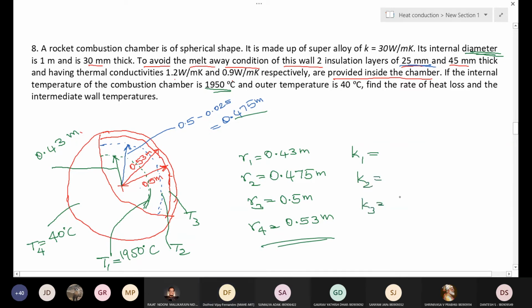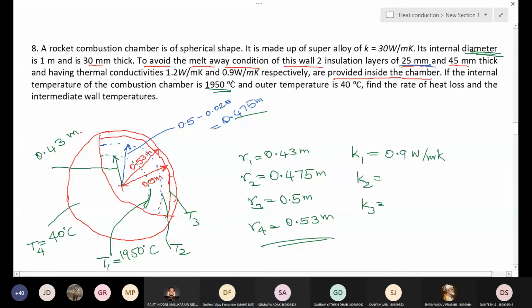Gaurav, can you tell me what is K1? 0.9. Good, 0.9 watt per meter Kelvin.